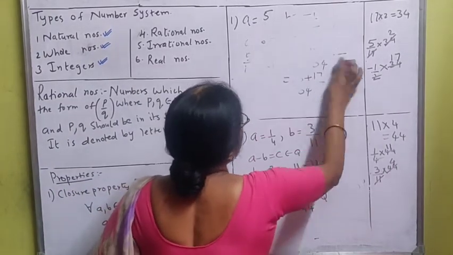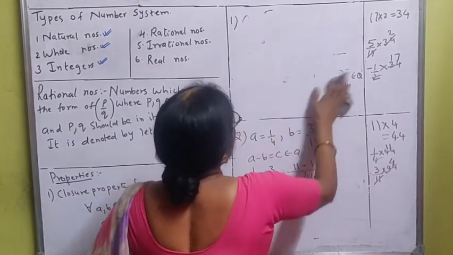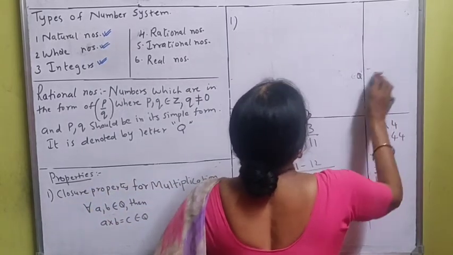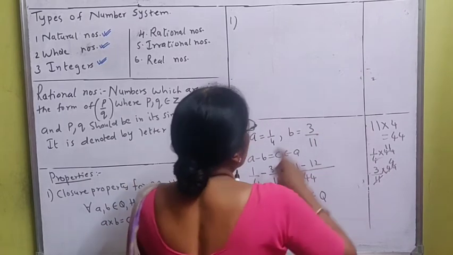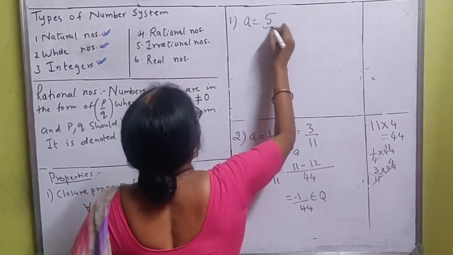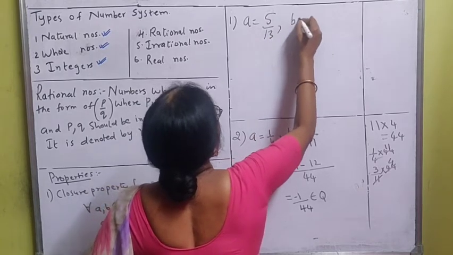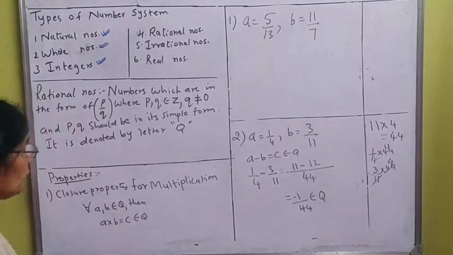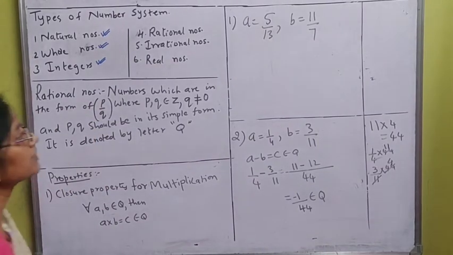First example to show whether A into B will become C or not. So both should be rational numbers. So let us take A is equal to 5 by 13, B is equal to 11 by 7. So what I have to prove? A into B is equal to C.